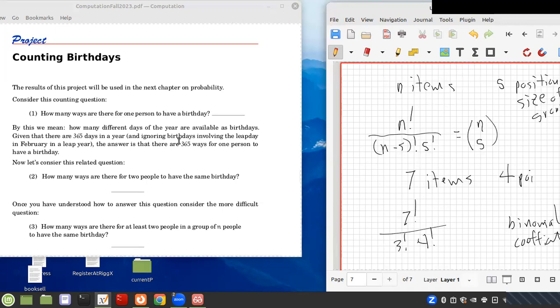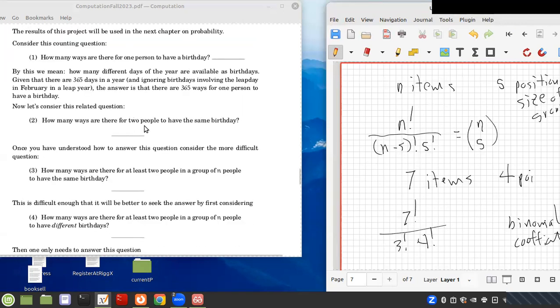Okay, how many ways are there for 2 people to have the same birthday? Because they both have to have the same birthday, January 1st or January 2nd. Okay, well, how many ways are there for 2 people in a group of n people to have the same birthday?